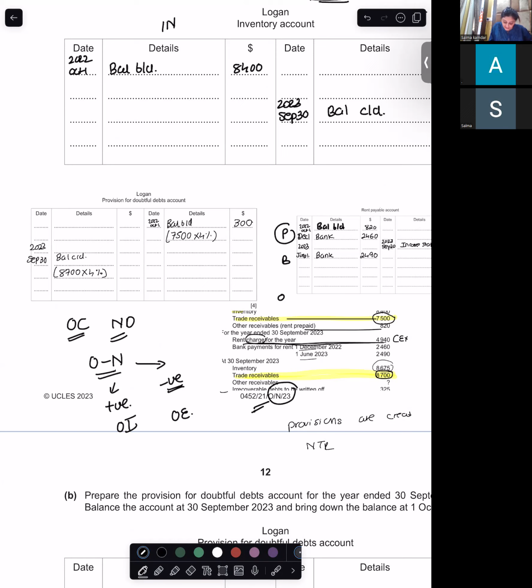When I was seeing, I came across bad debts. We subtract that balance, so new provision will be created as a percentage of 8,700 minus 375, that is 8,325.